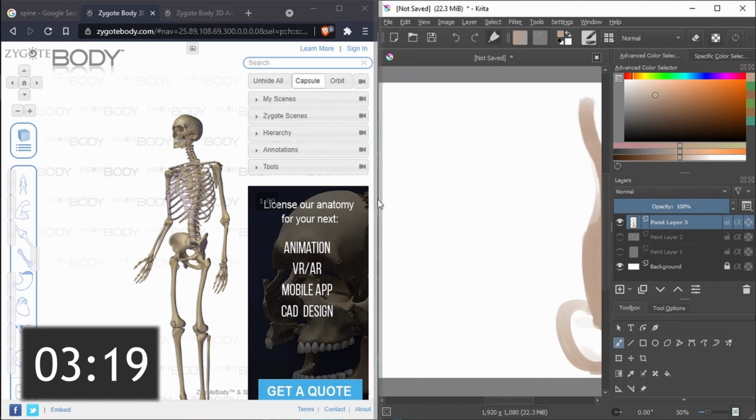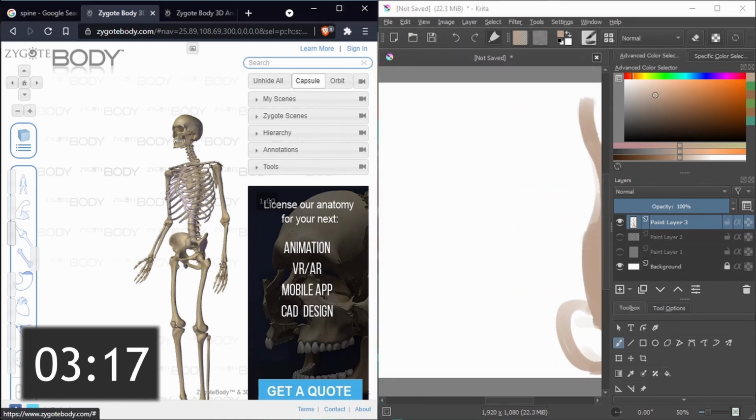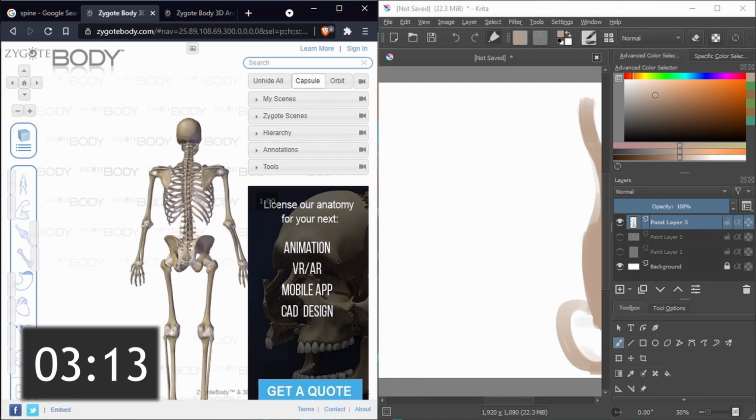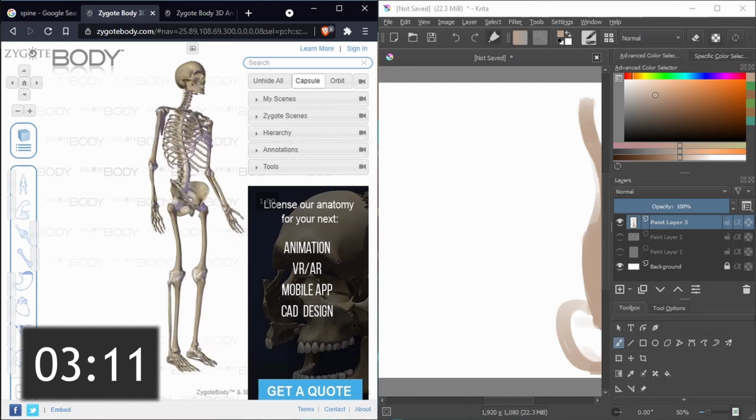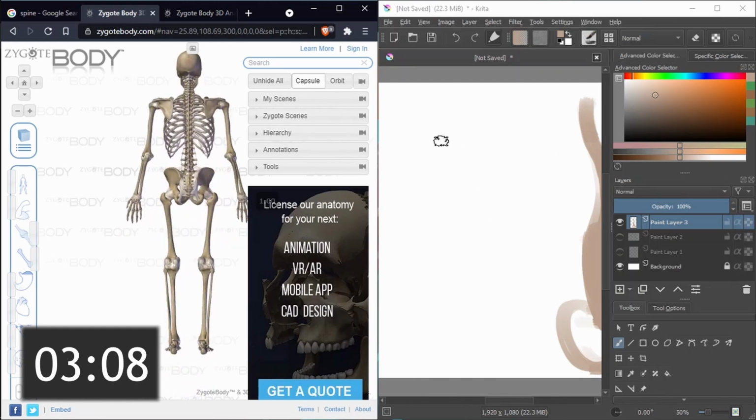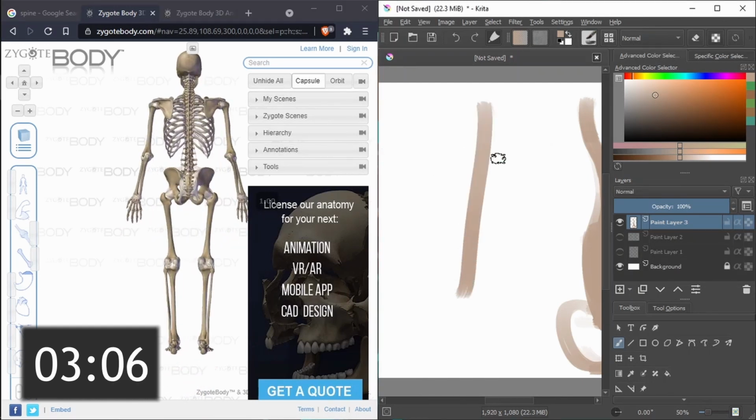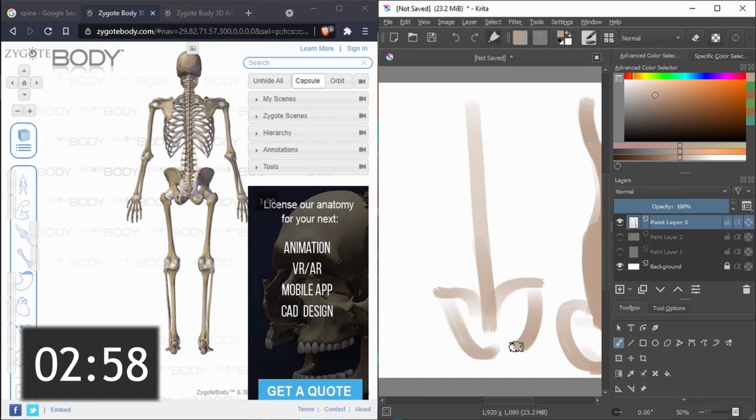I suppose now we should try utilizing this tool. I noticed this one had something to do with ligaments. If we look from the back, we have a spine, and it connects down here to these bones.